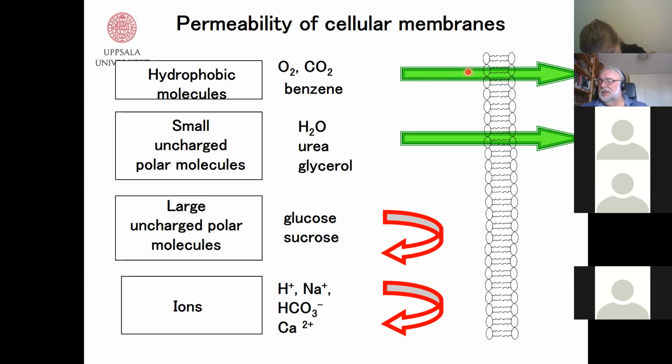They just come to it, dissolve in the hydrophobic core, and could redissolve on the other side of the membrane. And they will do this if you have a concentration gradient, because the concentration gradient is always the driving force for diffusion. Carbon dioxide, benzene, oxygen are freely diffusing.